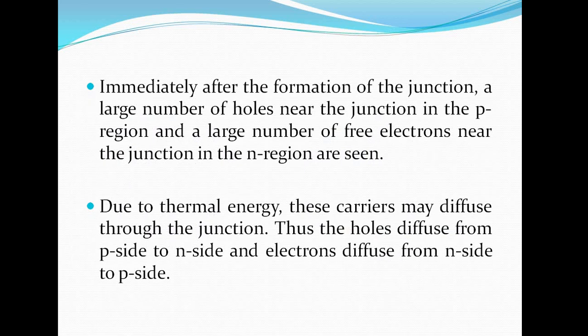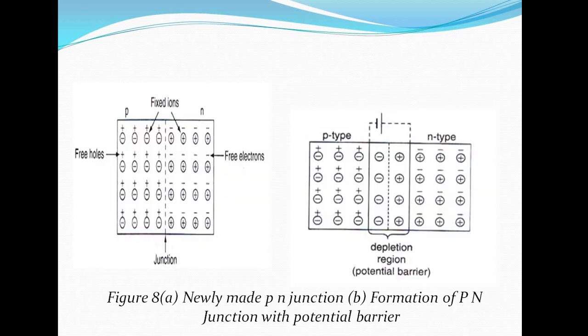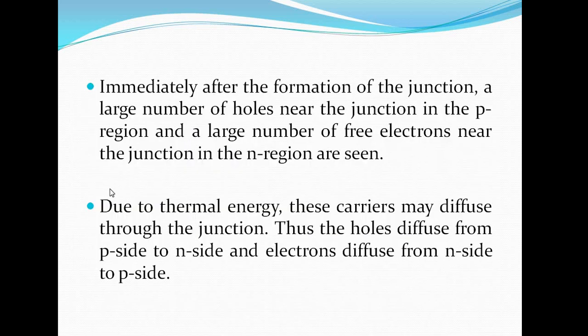Immediately after the formation of the junction, a large number of holes near the junction in the P region and a large number of free electrons near the junction in the N region are seen. Here you observe a huge number of holes in the P region and electrons in the N region. Due to thermal energy, these carriers may diffuse through the junction.